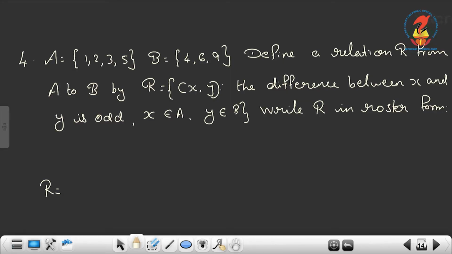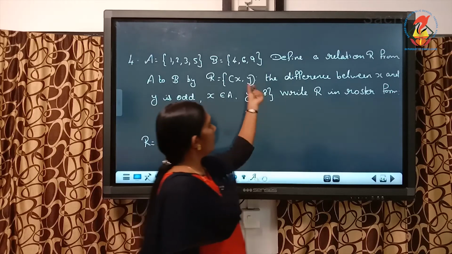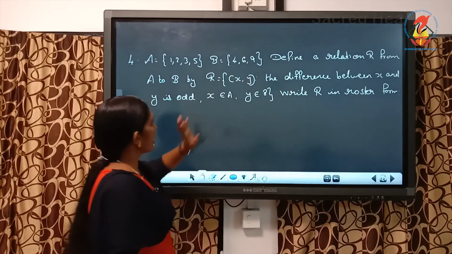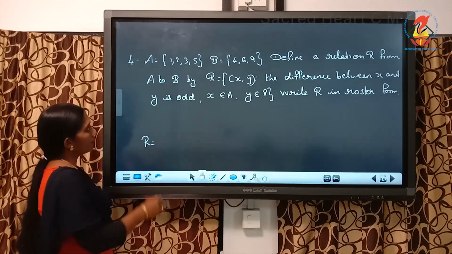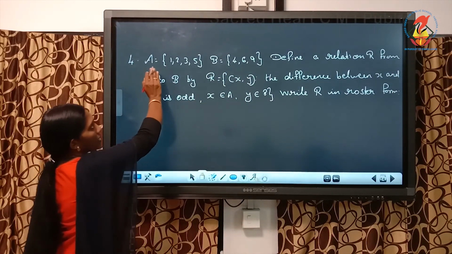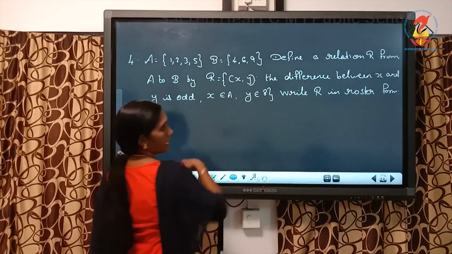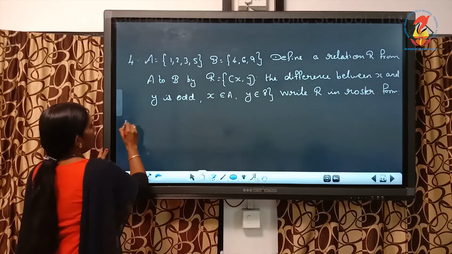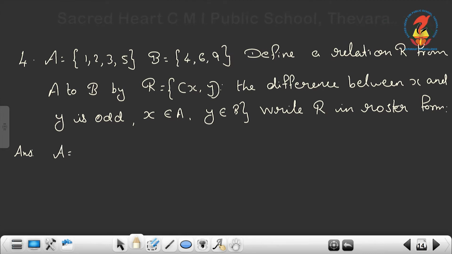What is the relation? The difference between x and y is odd. So x from the first set, y from the second set. A is {1, 2, 3, 5}, B is equal to {4, 6, 9}.